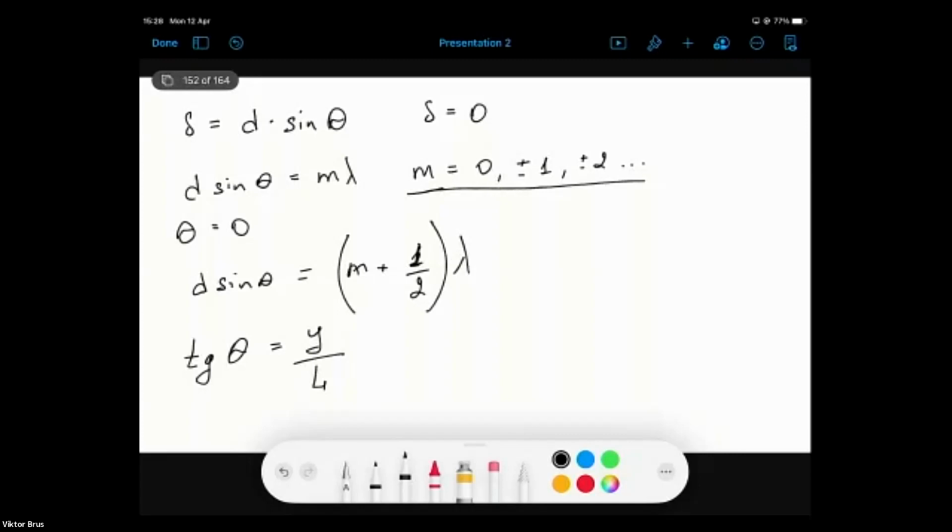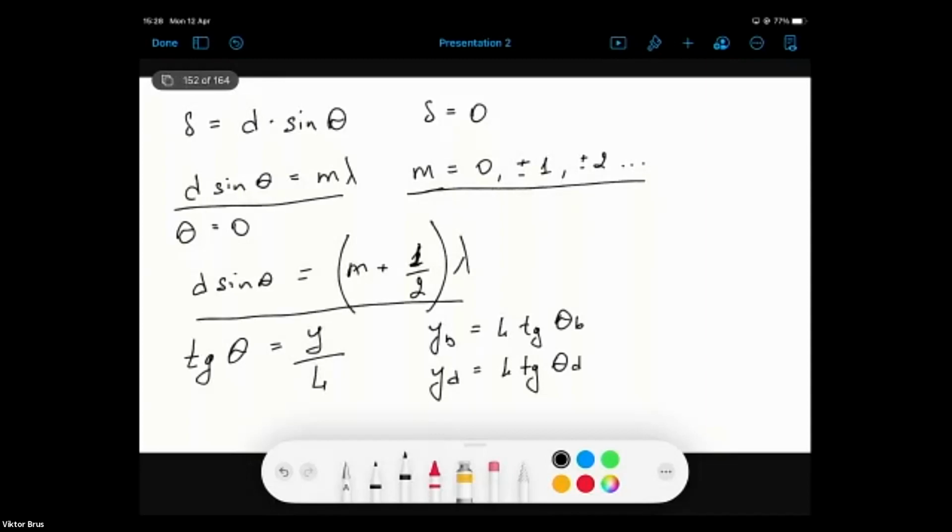So from here, we can write that y bright, like for maximum of interference, will be L times tangent theta bright, then y dark will be L times tangent theta dark. So these thetas will be defined by these equations.